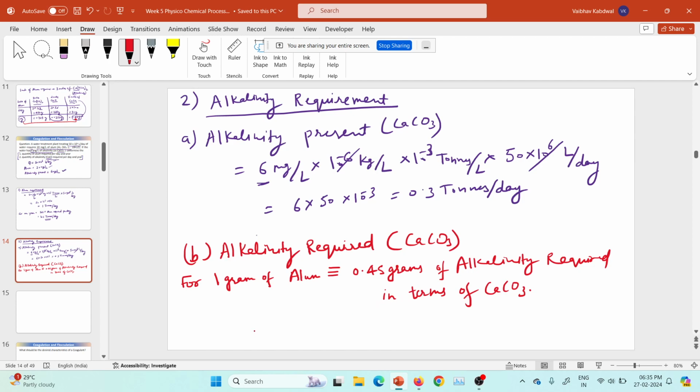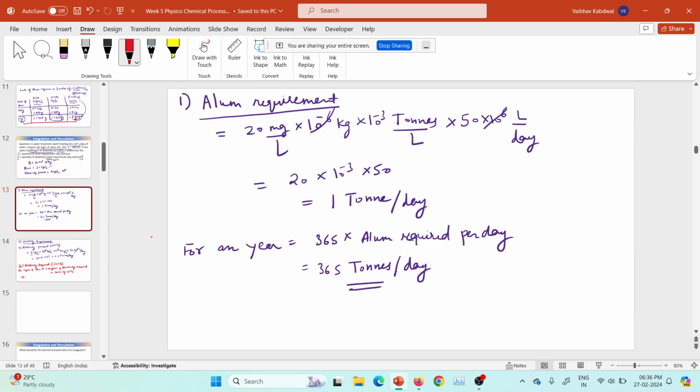Okay, so based on the alum, we'll try to find out how much alkalinity is required. We are calculating it for 1 day. So alum required per day is 1 ton.